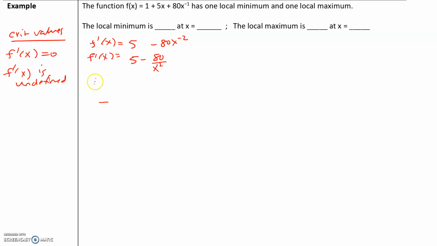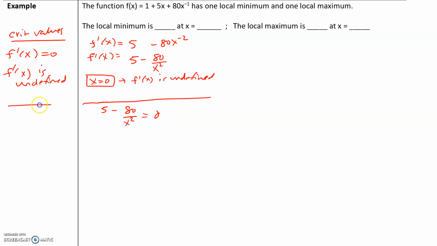So if x equals 0, then f prime of x is undefined because you'd be dividing by 0. So this is one critical value. The other critical value is going to happen when f prime of x, which is 5 minus 80 over x squared, is equal to 0.